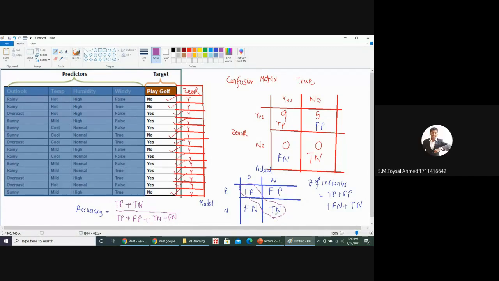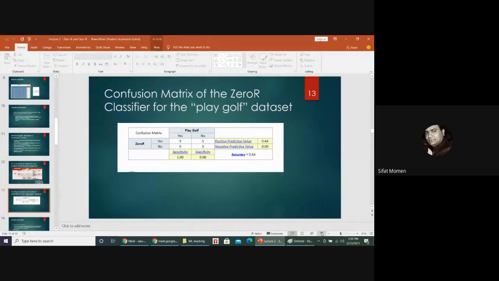So in this example, what should be the accuracy for the ZeroR classifier? It would be 9 plus 0, which is 9, divided by altogether 14. That's about 64% accurate. Is that idea okay? Yes, sir.